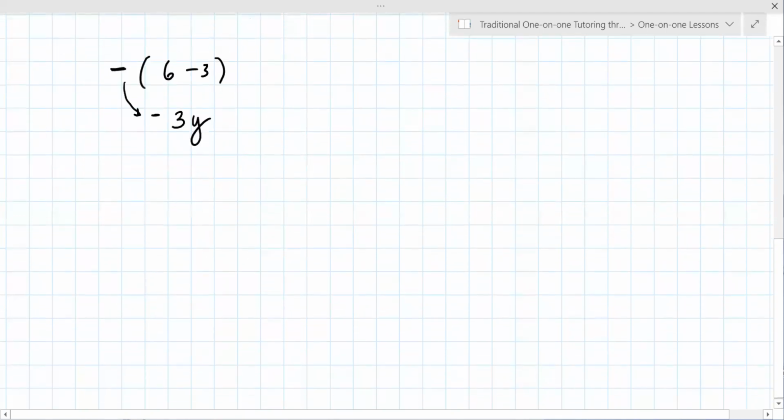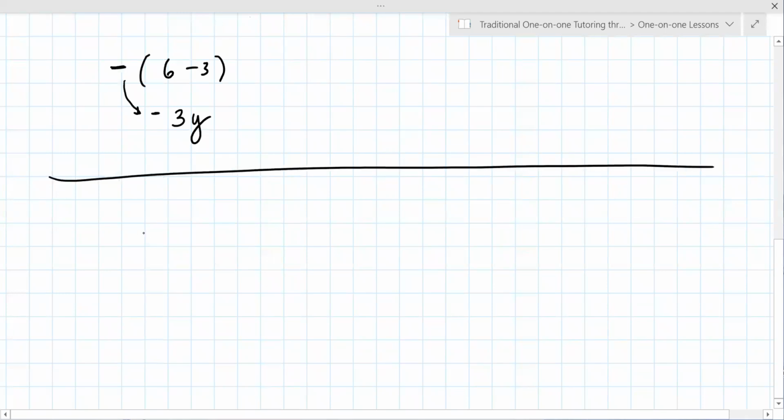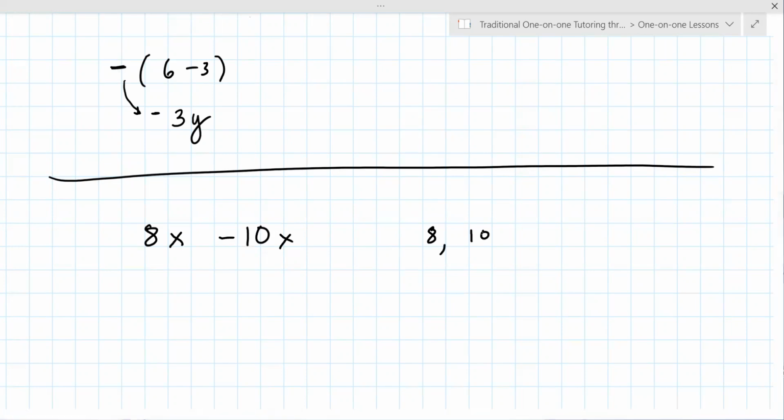Okay, so let's try another one here. The skill is super, super critical. 8x minus 10x. So you look at the numbers without the sign. Do you see that? We look at 8 and 10. Which is bigger? This is a question you have to ask yourself.